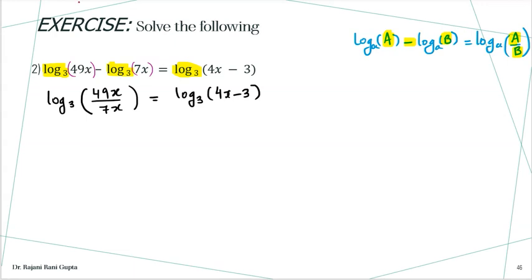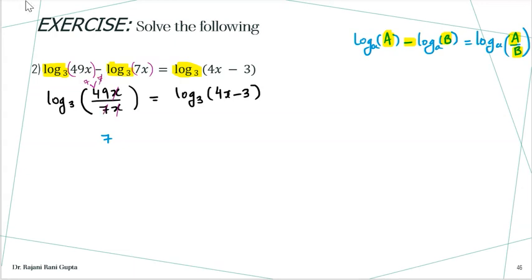Okay, now here you have 49x divide 7x. You can simply cancel x with x. Okay, and 49 divides 7. What you will get? 49 divides 7. You get it as 7. Because 49 we can write it as 7 times 7.